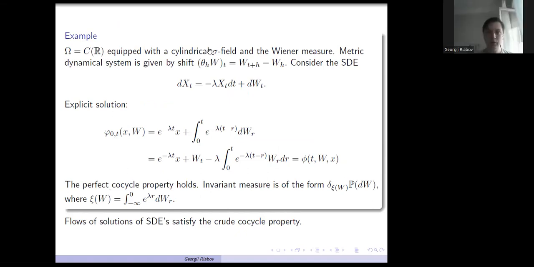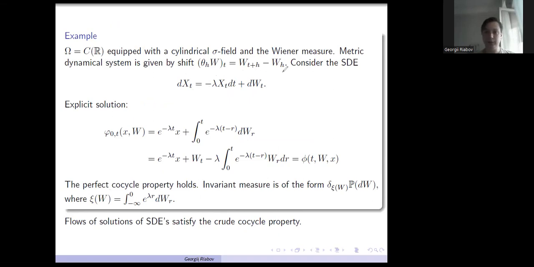So we can solve it. The first way is to find a stationary solution of this equation.